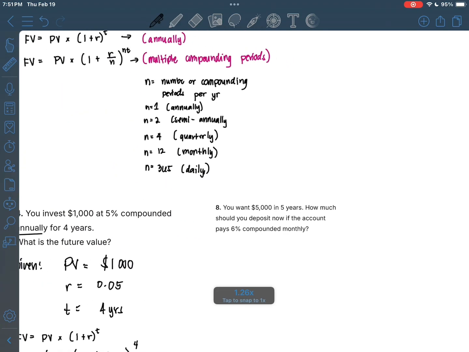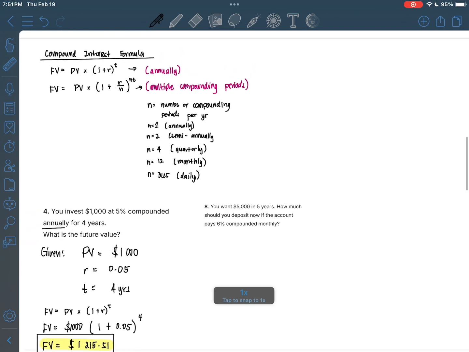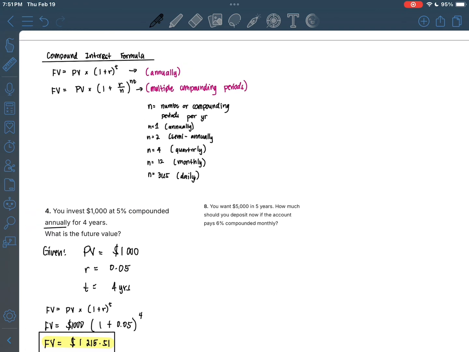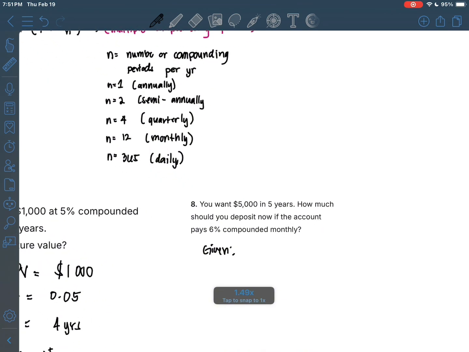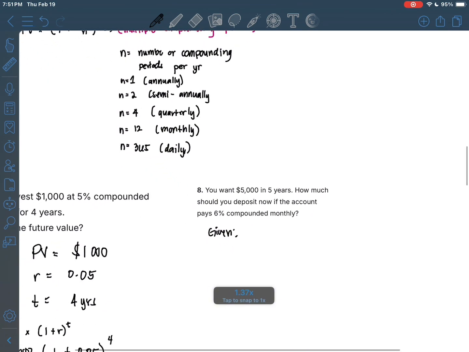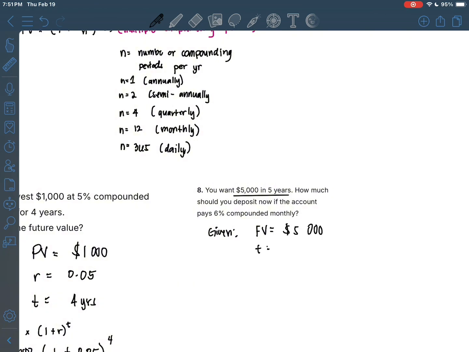Alright, so let's try another one. You want $5,000 in 5 years. Basically that's not the money that you have currently, so that is the future value. So that is going to be $5,000 in 5 years.